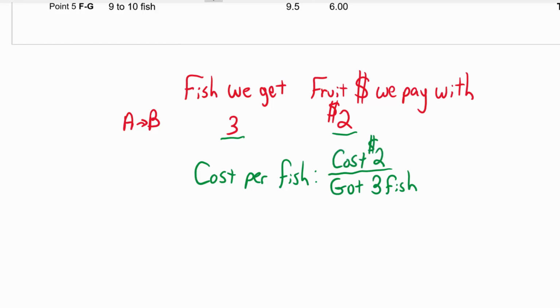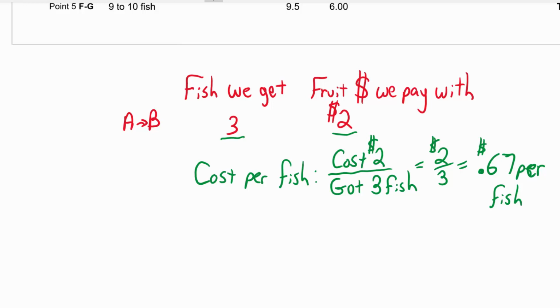What you always do in these kinds of situations when you're doing this calculation is you put what you get on the bottom of a fraction and you put the cost, what you're giving up, on the top. And so $2 divided by 3 fish tells you that it must have cost you 67 cents per fish. So that's the kind of calculation we're doing.